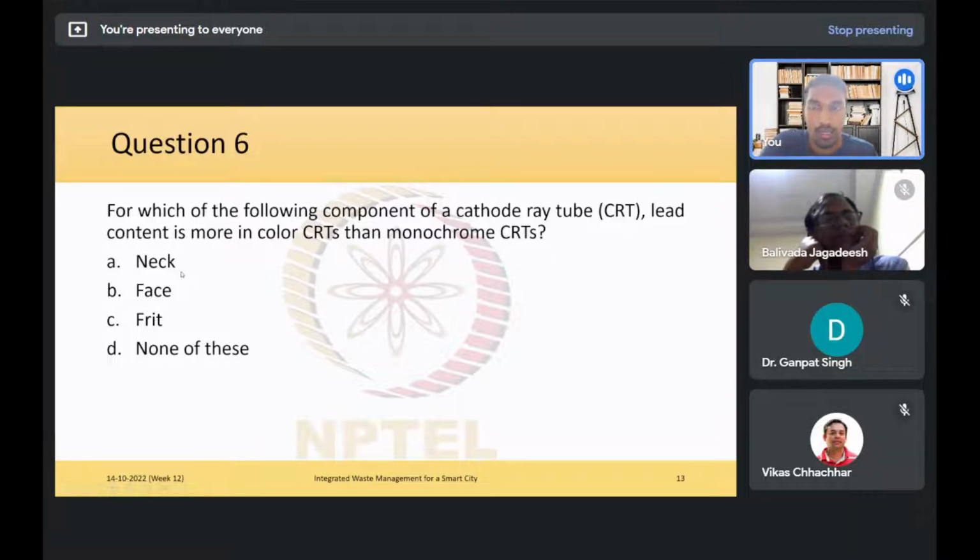The options are the neck portion, option B is face, option C is frit, option D is none of these. Okay, we have one answer, option B, face.